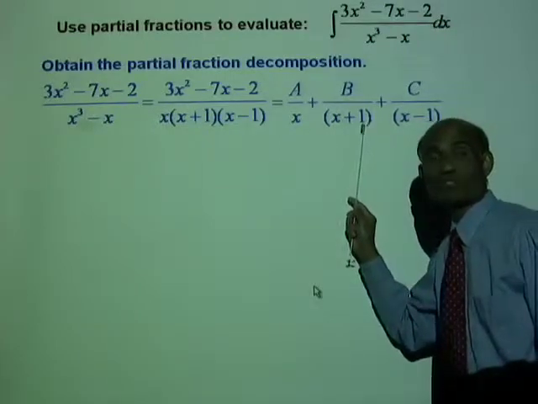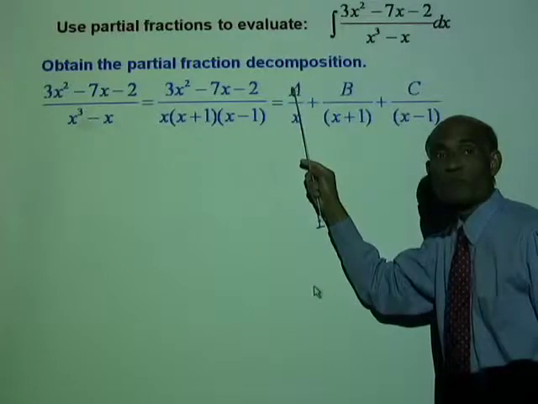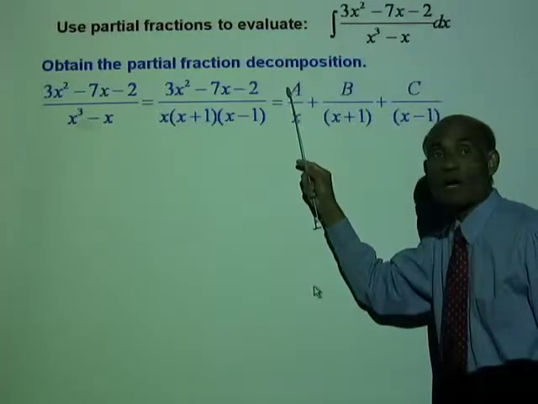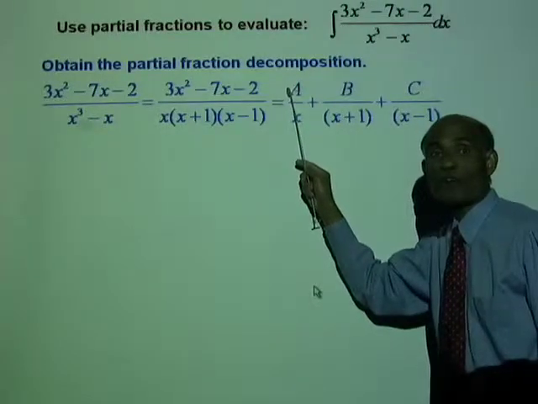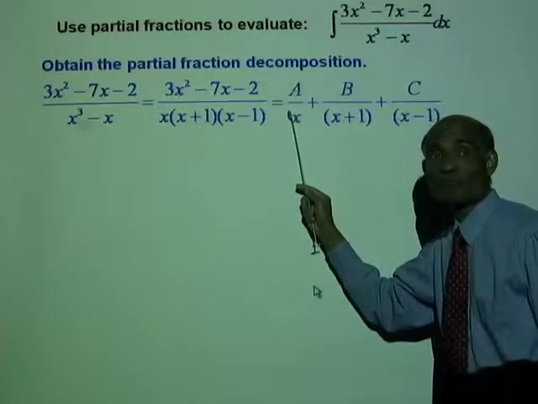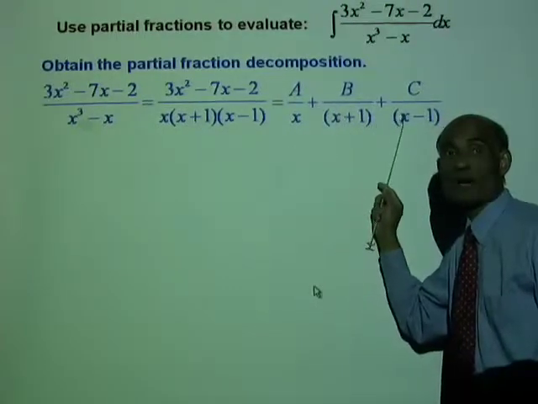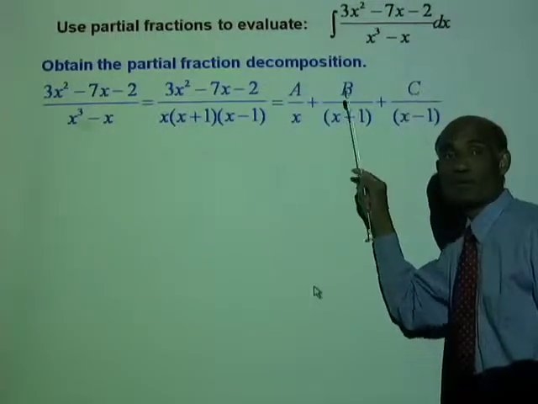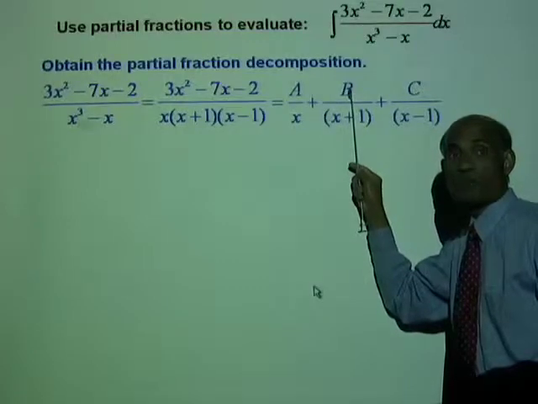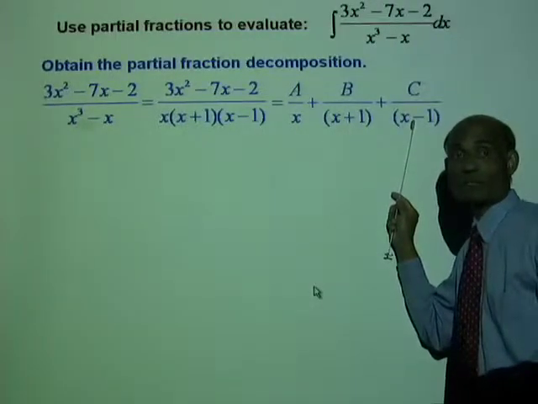Alright, tell me, how do you construct the numerator? What will a be multiplied by? A will be multiplied by all the factors on the denominator except its own denominator. In other words, a will be multiplied by x plus 1 times x minus 1, plus b will be multiplied by x times x minus 1, right?